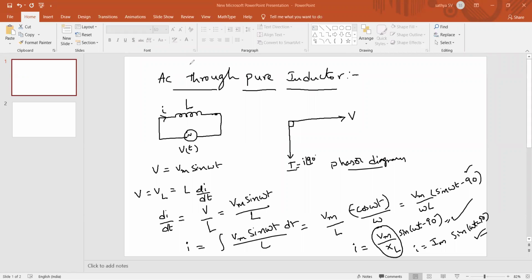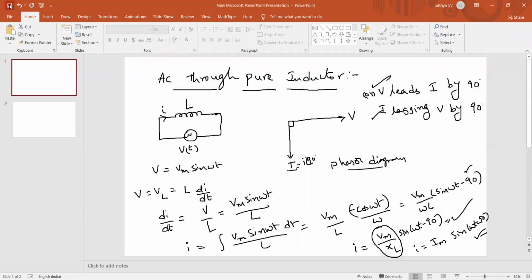The relation between V and I is that V leads I by 90 degrees, or shall I rewrite it as I lagging V? In some textbooks you may get statement 1, some textbooks mention statement 2. Both are correct. The voltage leads current by 90 degrees, or the current lags V by 90 degrees. Understand? AC through pure inductor. Yes, sir.